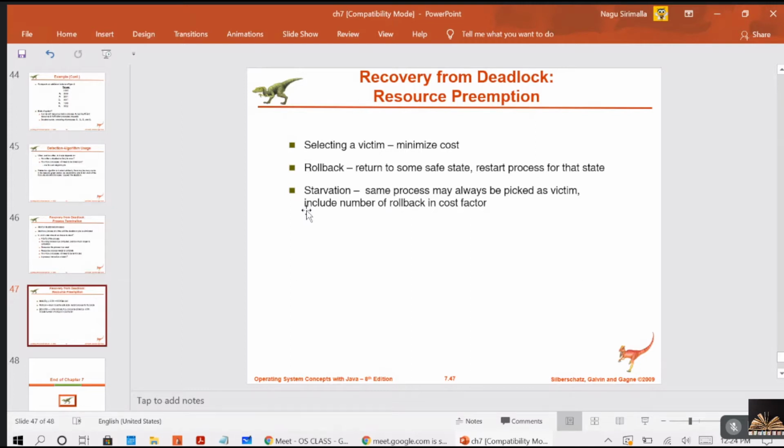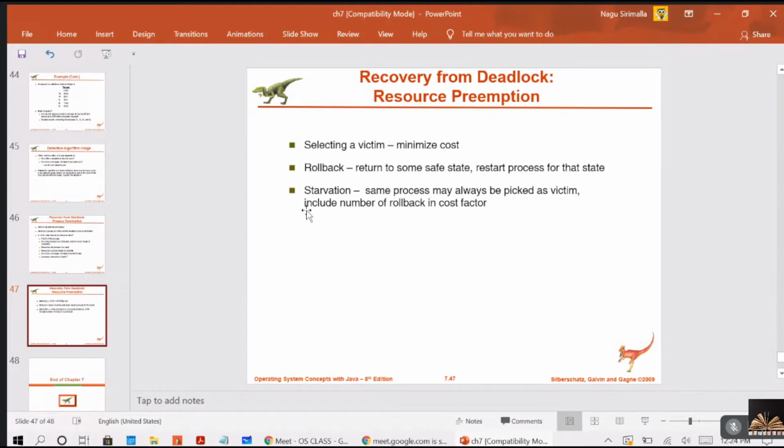As in process termination, we must determine the order of preemption to minimize the cost. That means from which process you are preempting the resources. For that, selecting a victim is very important. You should make sure that it causes you minimum loss.